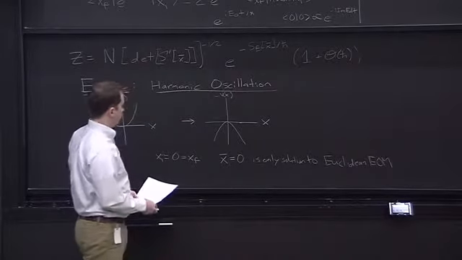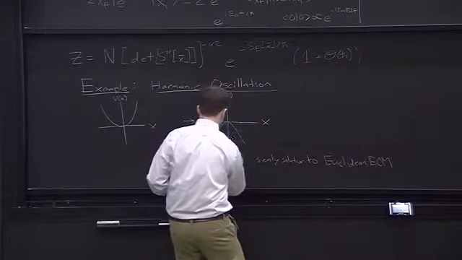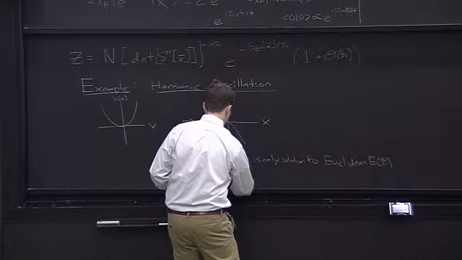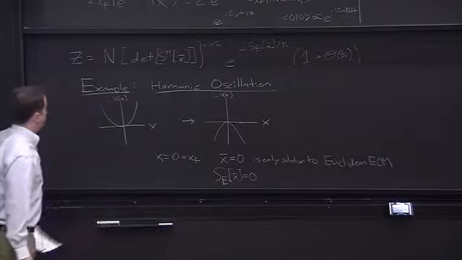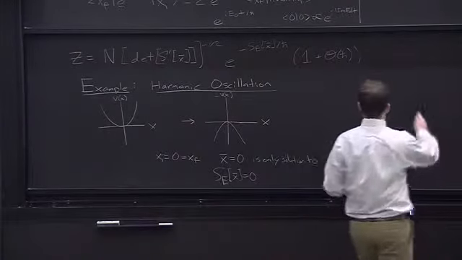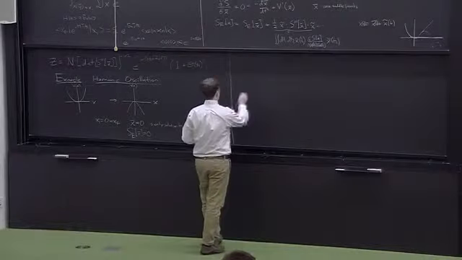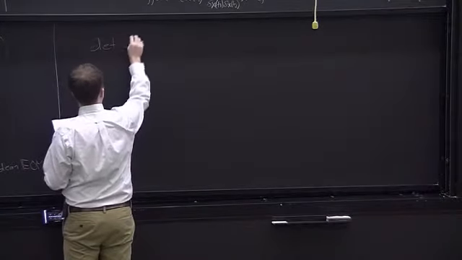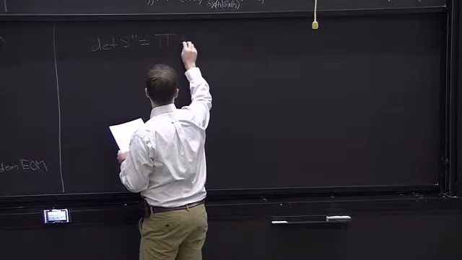And the Euclidean action of that solution is just 0. So all we need to do is compute the determinant, and we can compute the determinant in this case just by computing the product of the eigenvalues.